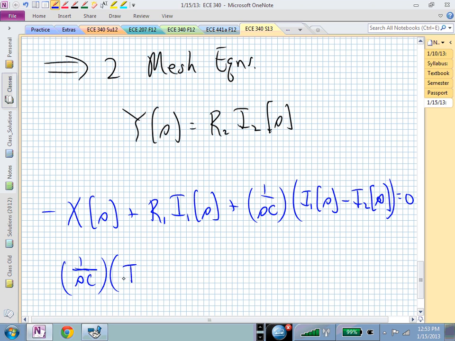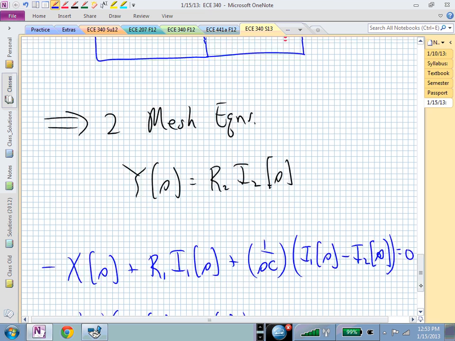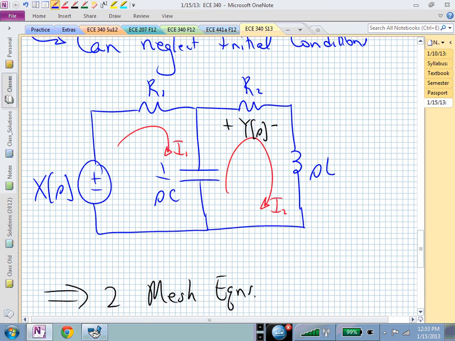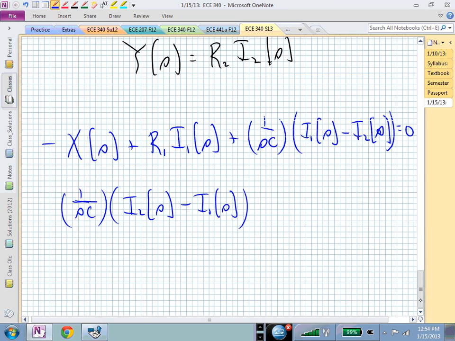This is now I sub 2 of S minus I sub 1 of S. That's the voltage drop from bottom to top across that capacitor. Now I'm going to the right through R sub 2, and that's just going to be R sub 2 times I sub 2. And finally, I have the impedance of the inductor, SL, times I sub 2 of S, and that's equal to 0.